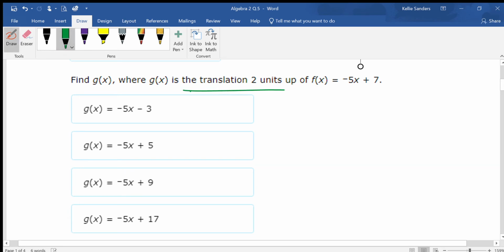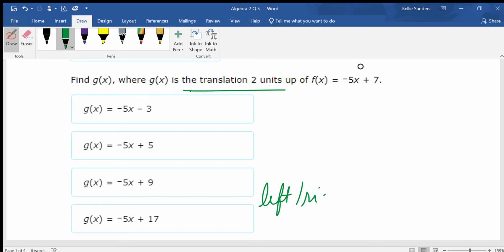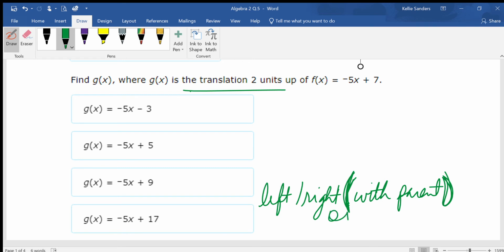If I'm going to translate 2 units up, remember, left and right, it's with the parent, and I put that in parentheses for a reason, because being with the parent, you're inside the house, right? And you always think opposite.